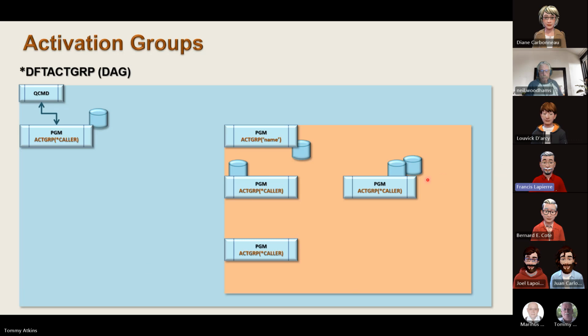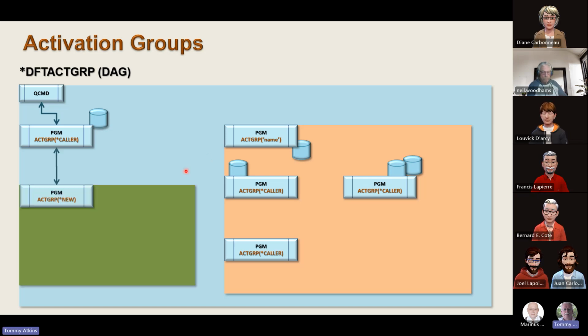Where do you put your start commitment in this case? At the first one, the other one? In this case, it would be in this program here. Start commitment control would be in that program there. Okay. In this case, it would be in that program there.